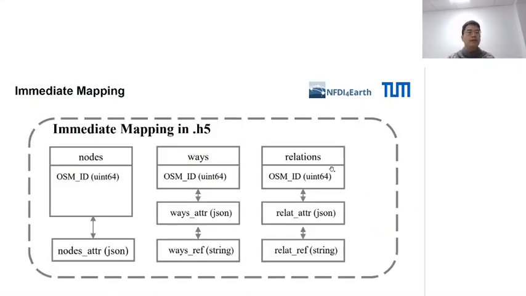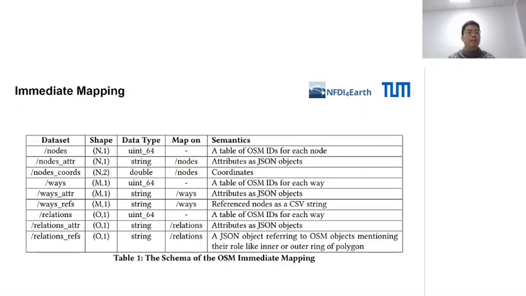The first step of the AtlasHDF is the immediate mapping of the OSM data. Here, we mapped the three elements of OSM data into a list of tables, where the OSM data was stored in different tables and their attributes were stored as JSON objects.